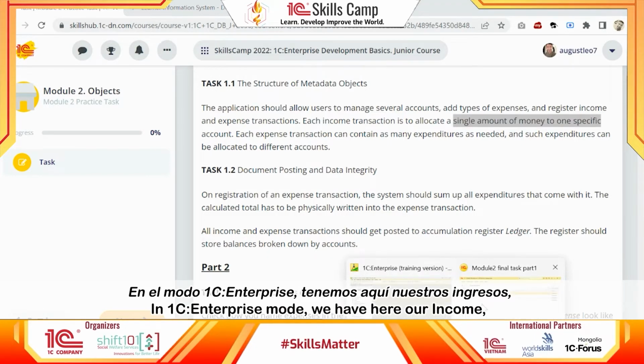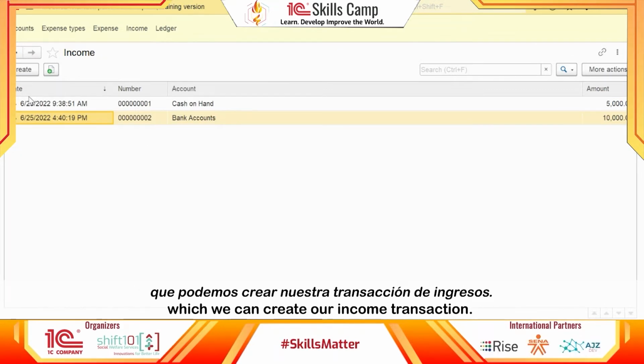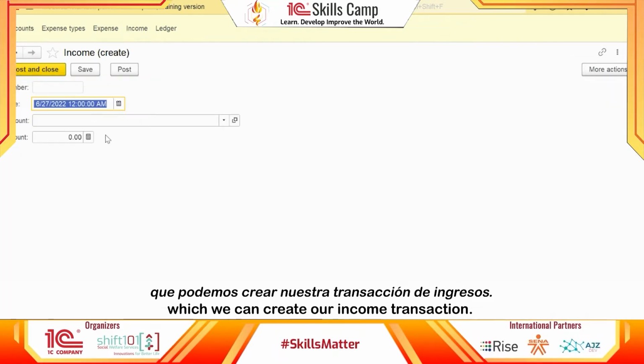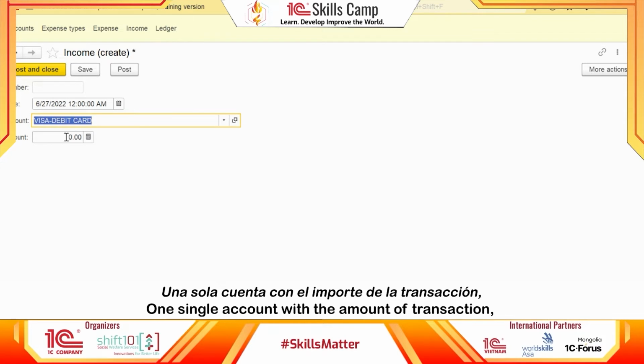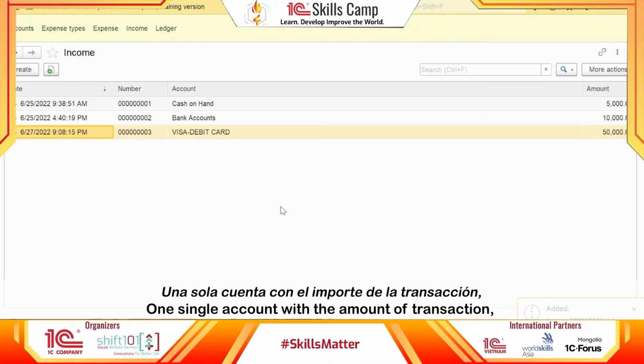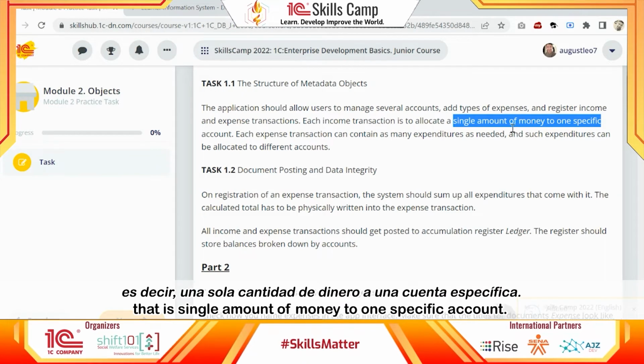So in 1C enterprise mode, we have our income, which we can create our income transaction. So one single account with amount of transactions, that is a single amount of money to one specific account.